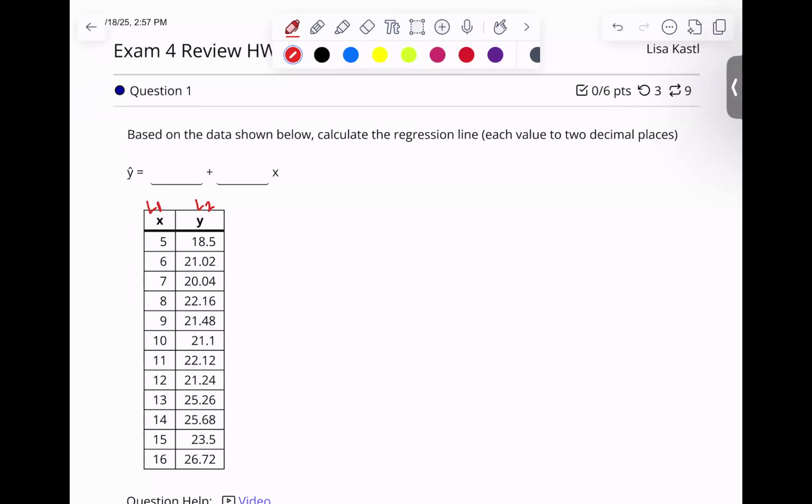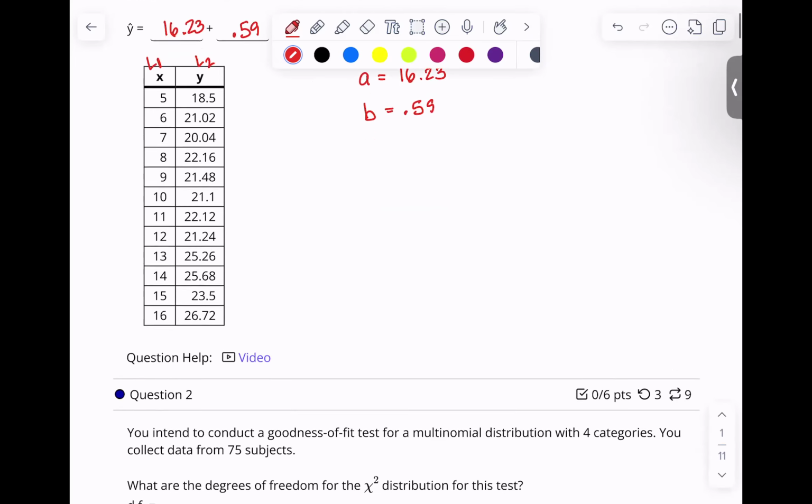So we got y hat is a plus bx, and they told us that a was 16.23 and b was 0.59. So we're going to put that in.